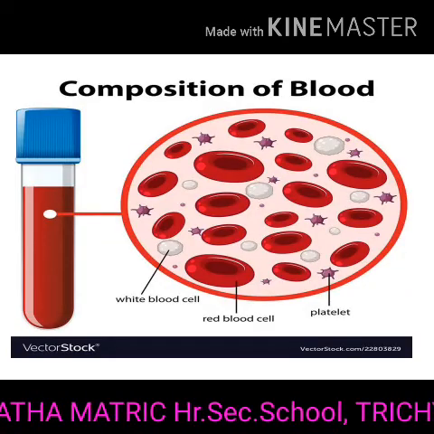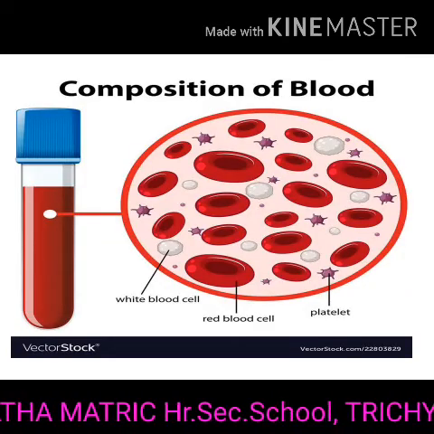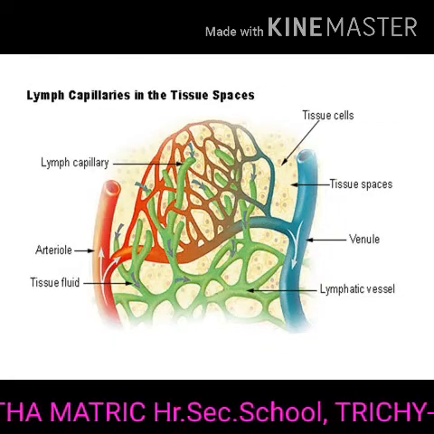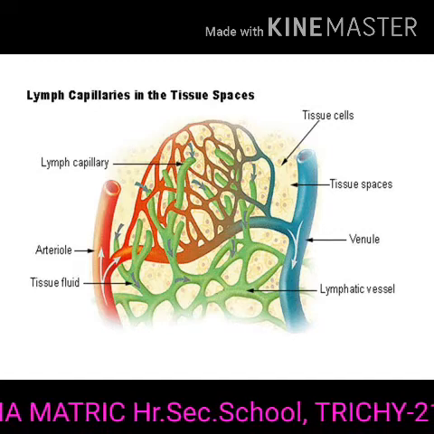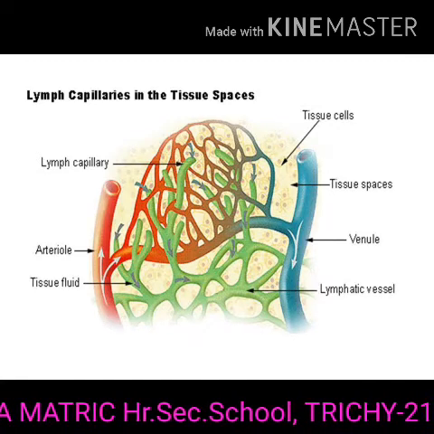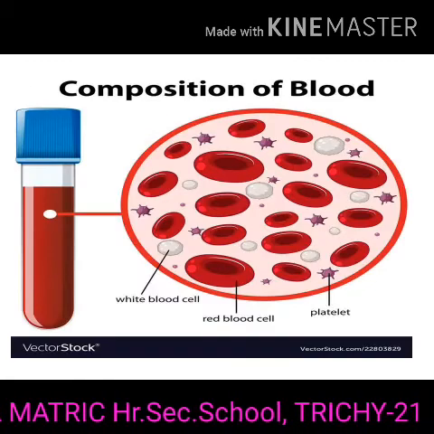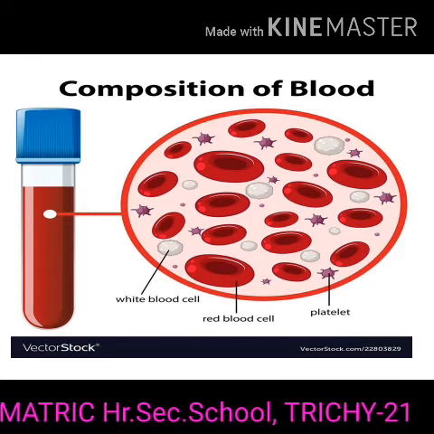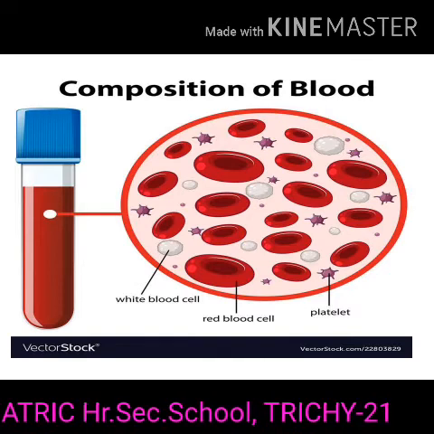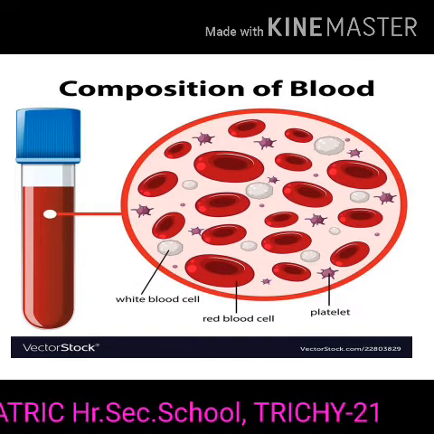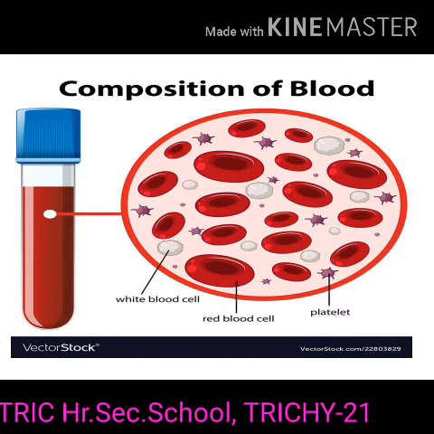Fluid connective tissue. The blood and the lymph are the fluid connective tissues which link different parts of the body. The cells of the connective tissue are loosely spaced and are embedded in an intercellular matrix.